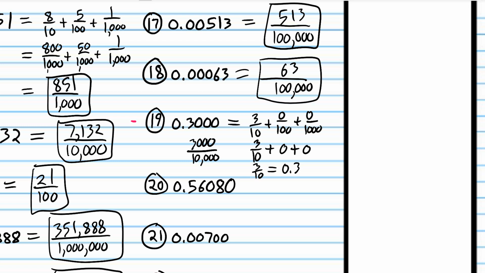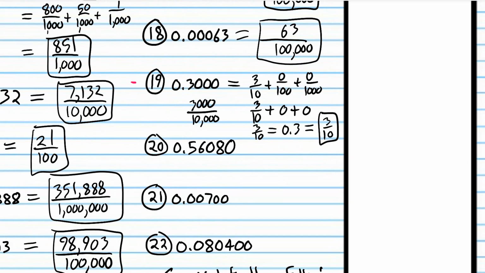So you can just make them disappear and write it as 0.3, and then write the final answer as 3/10. Now, I'm violating my cardinal rule. You always write down or to the right, so I'm going to go ahead and change that equal sign and put the final answer over here, just so I don't violate the rule. Remember, you always read left to right and top to bottom.